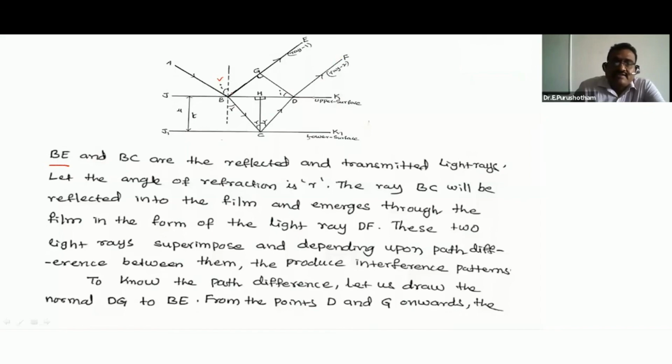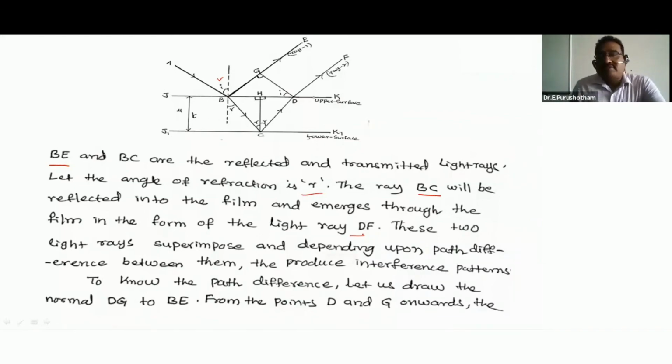We can take this as incident angle and refraction angle. We can make another triangle in air. Let the angle of refraction be r. The ray BC will be reflected into the film and emerges as DF. Already I told you, these two light rays superimpose, and depending upon the path difference between them, they produce the interference pattern.